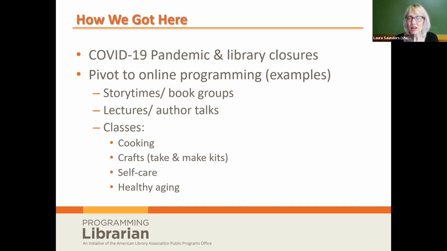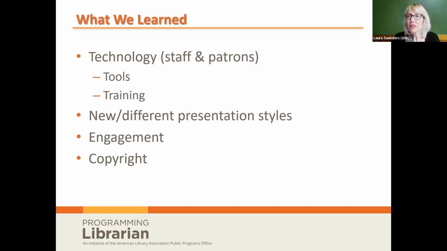Here again, libraries got creative, and in many cases created take and make kits so that patrons who needed access to materials for the crafts could pick them up curbside at the library. There were lots of self-care classes, which was and continues to be very important, and classes on healthy aging. Again, these are just some examples of the different kinds of programming that we were doing, even while our doors were closed.